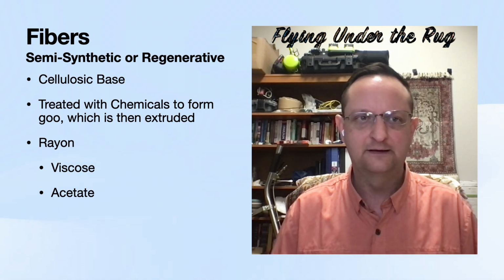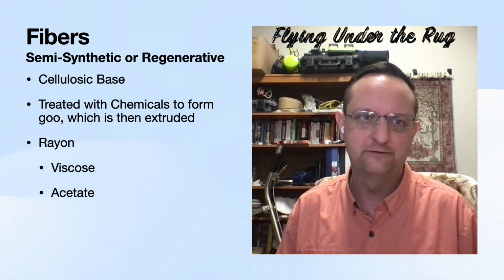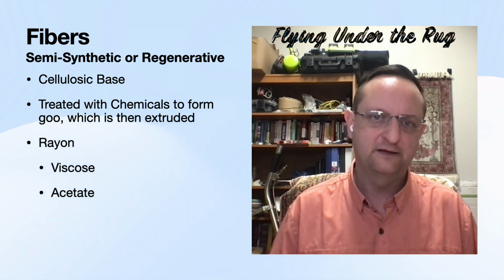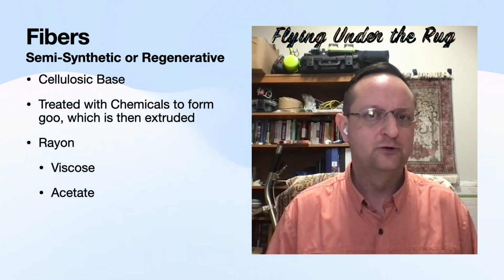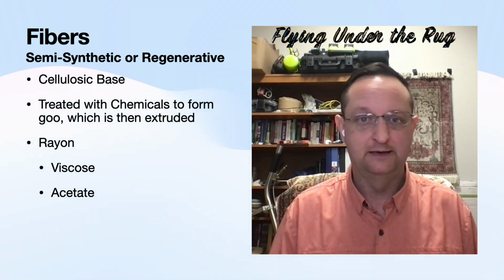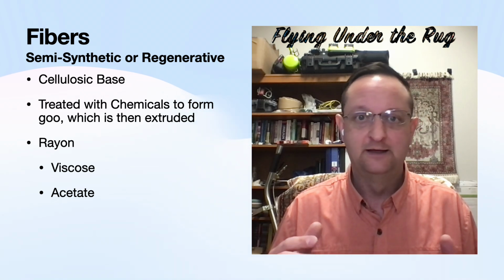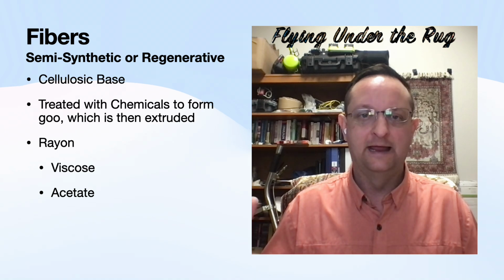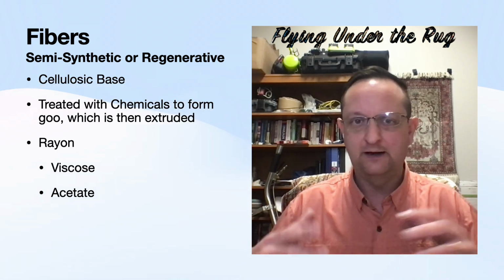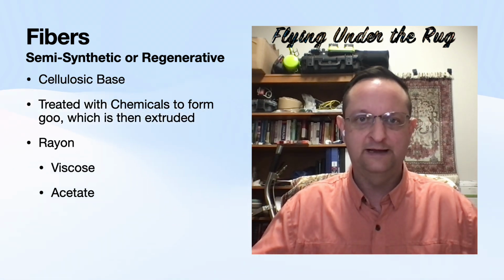All right, let's get on to the semi-synthetic or regenerative fibers. They are typically made with a cellulosic base, and when I say cellulosic base, I mean it could be bark, it could be leaves, it could be the actual fibers, it could be a whole bunch of different things. They take all of this plant matter and grind it up.